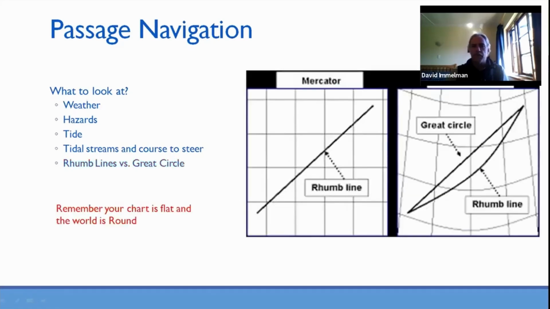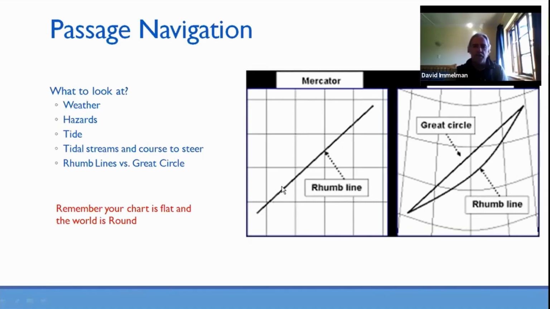So if we just look at very, very briefly, Mercator and Gnomonic charts. Mercator charts are the ones we use, which are flat, and our grid system is square, whereas Gnomonic charts, the grid system, as you see here, are curved.